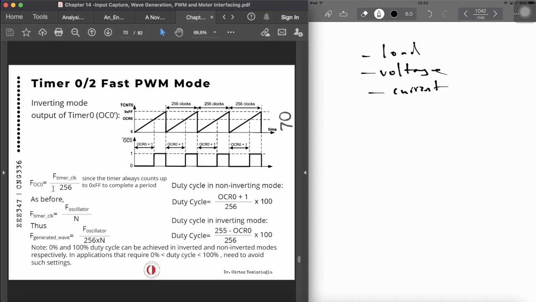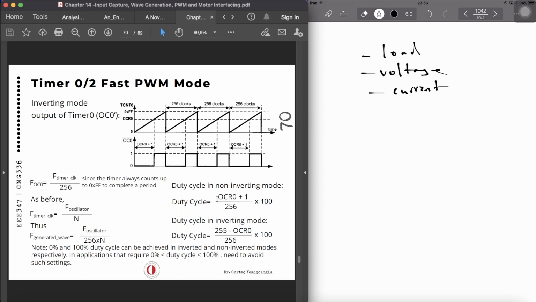So the equation given for us, if you want to find the frequency of the wave, we just need to use the timer clock. As the timer counts up all the time, the complete period is 256 clocks. That's why we use 256. And as before, for the timer, we just need to use F oscillator divided by N. And for the generated wave, it's the oscillator divided by 256 times N.